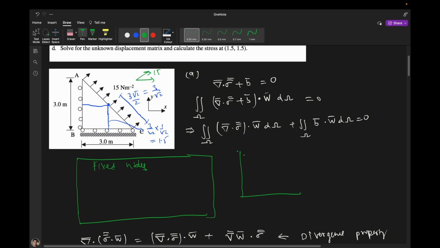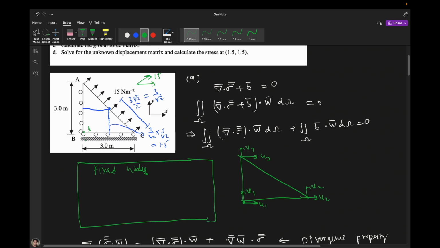So this is u1, v1, u2, v2, u3 and v3. So for node 1, it can move along this direction, but it cannot move along this direction.